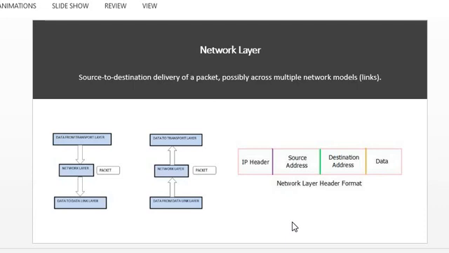But what I want you to take away from this is that there is a concept of addressing of data packets in a network, so that data is delivered to the correct location.